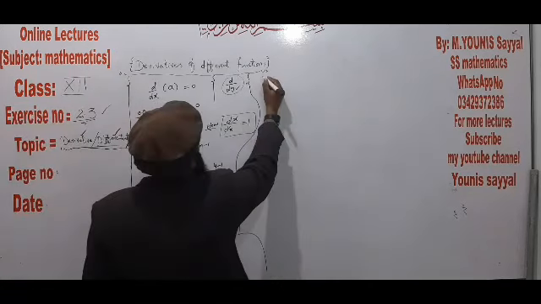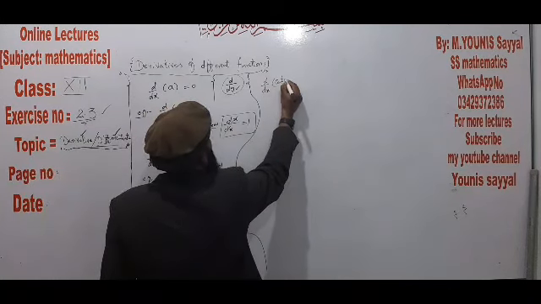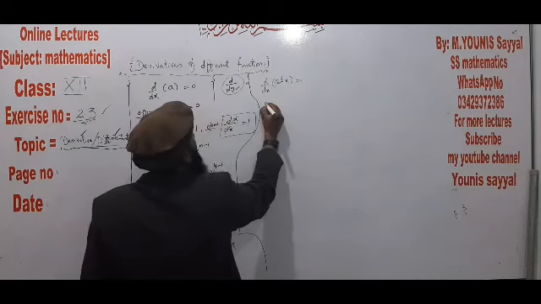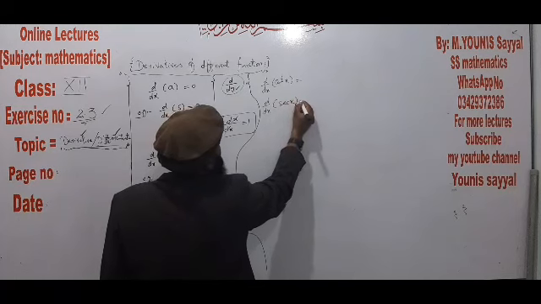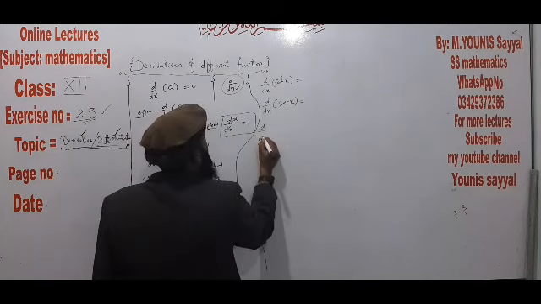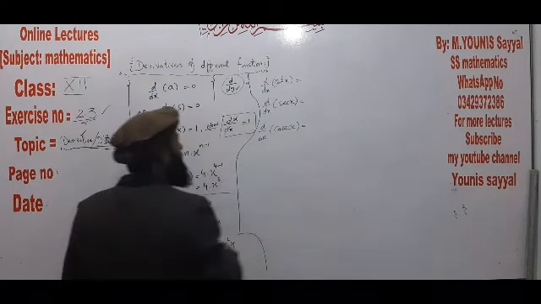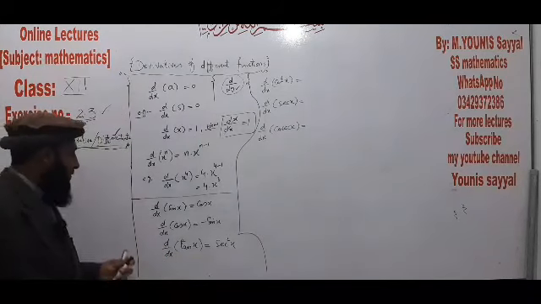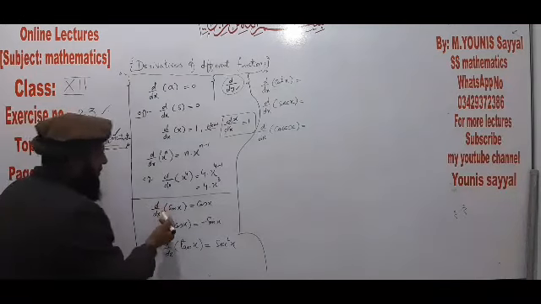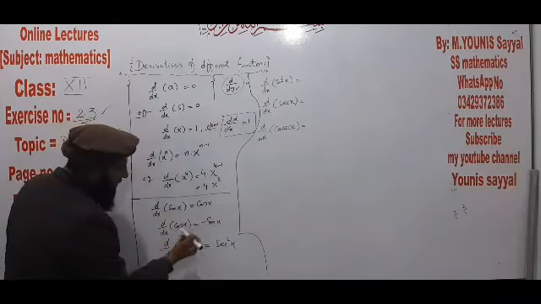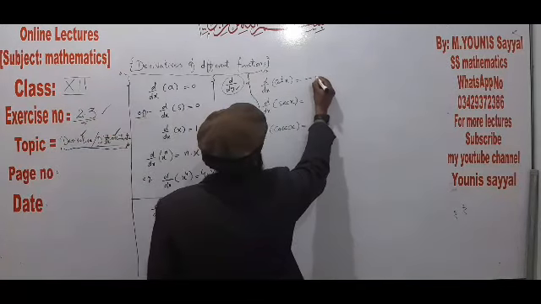Similarly, derivation of cotangent x, the secant x, and the derivative with respect to x of cosecant x. These are the 6 trigonometric ratios: derivation of sin x is cos x, of cos x is minus sin x, of tangent x is secant square x, and of cotangent x is minus cosecant square x.